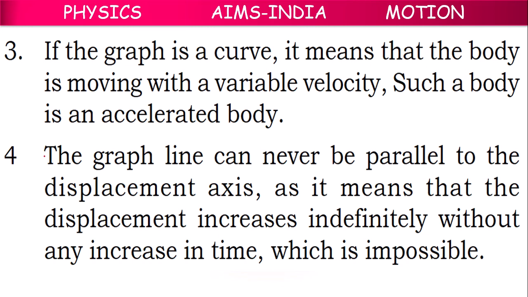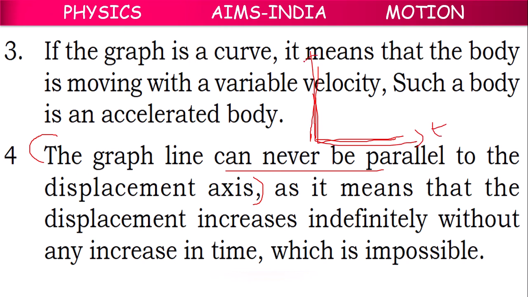This point is not related to the 3 different graphs, children. What they are telling is that it can never be parallel. If this is time and this is displacement, and the graph is parallel to displacement, what does it mean?